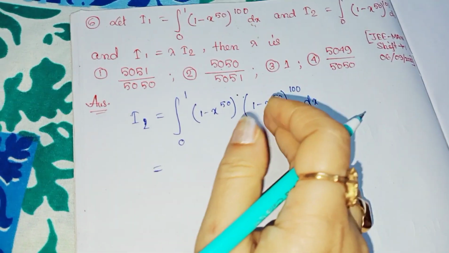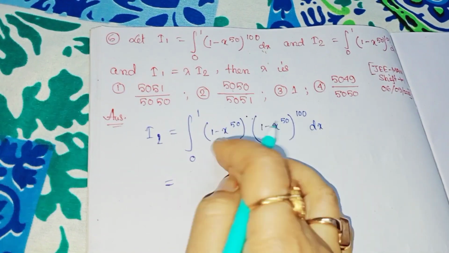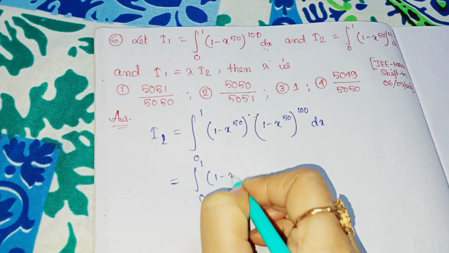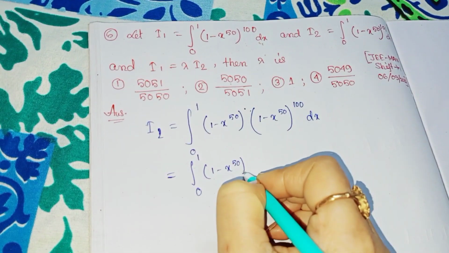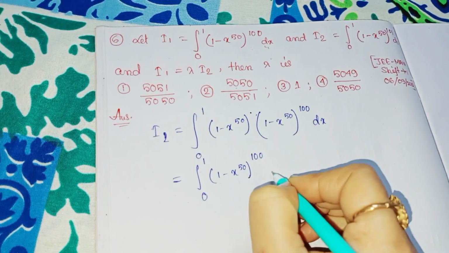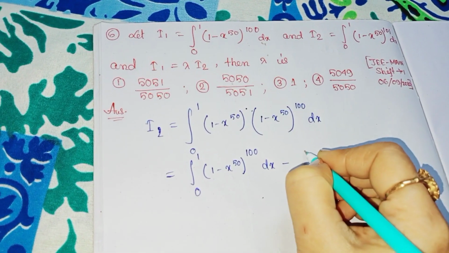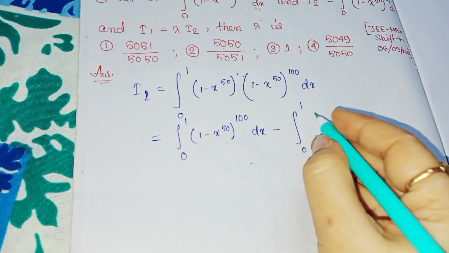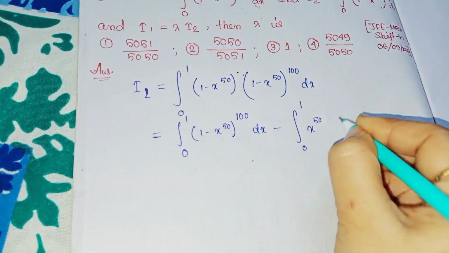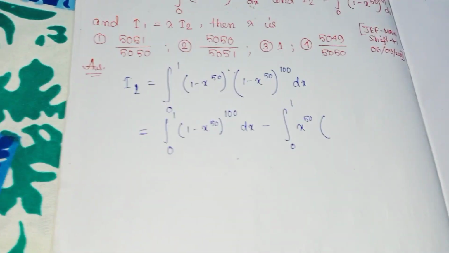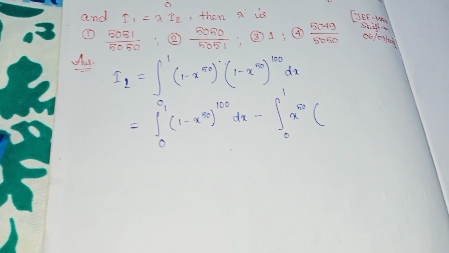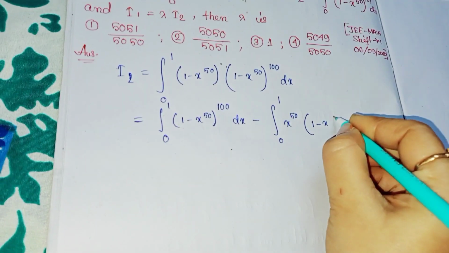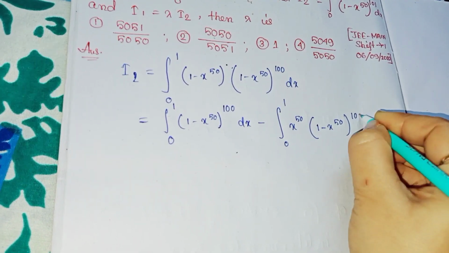Now we just evaluate this, and we get the integral from 0 to 1 of (1 minus x to the power 50) whole to the power 100 dx minus the integral from 0 to 1, by parts integration, of x to the power 50 into x to the power 50 into (1 minus x to the power 50) whole to the power 100 dx.